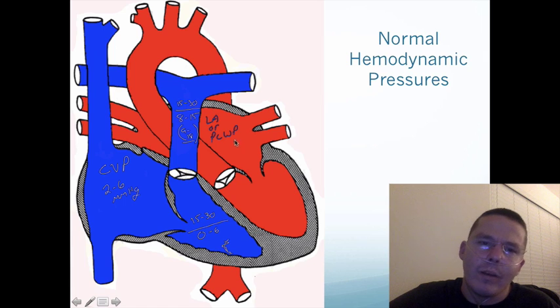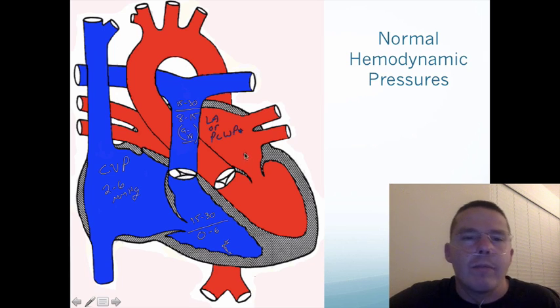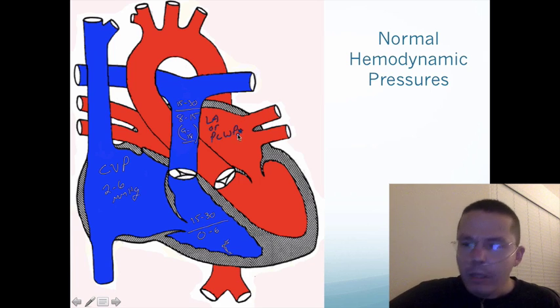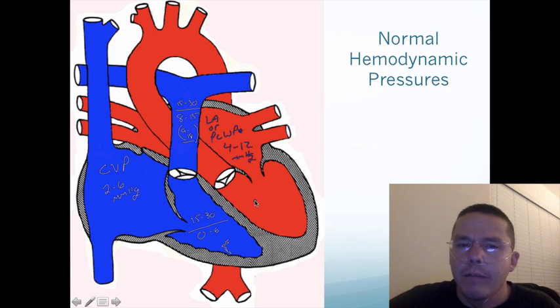I'll put a little asterisk next to it, because the pulmonary capillary wedge pressure, like I said, is an indirect measurement of what we expect the left atrial pressure to be. So, normal left atrial pressure is anywhere between 4 to 12 millimeters of mercury. Then the blood flows into the left ventricle.